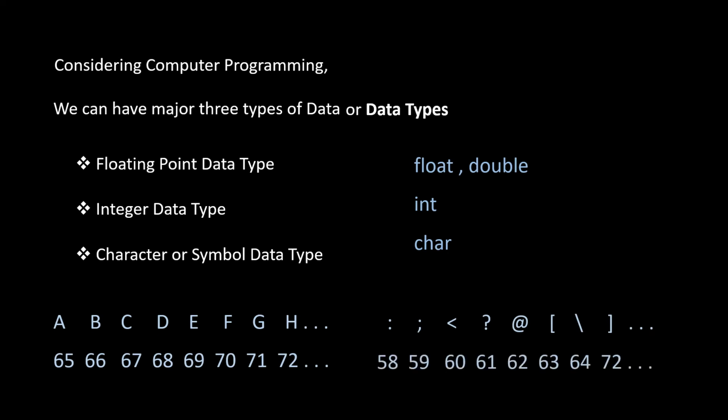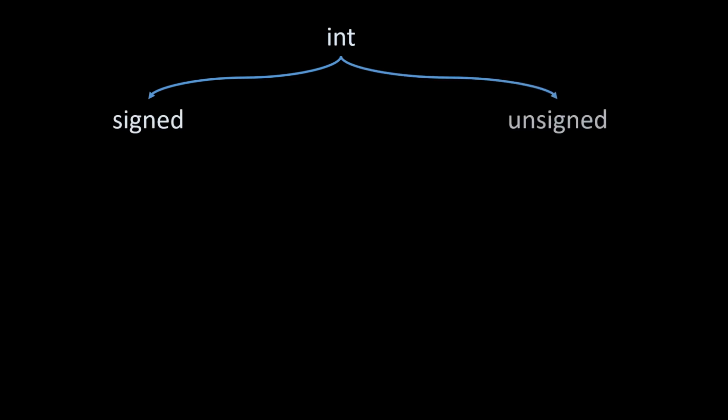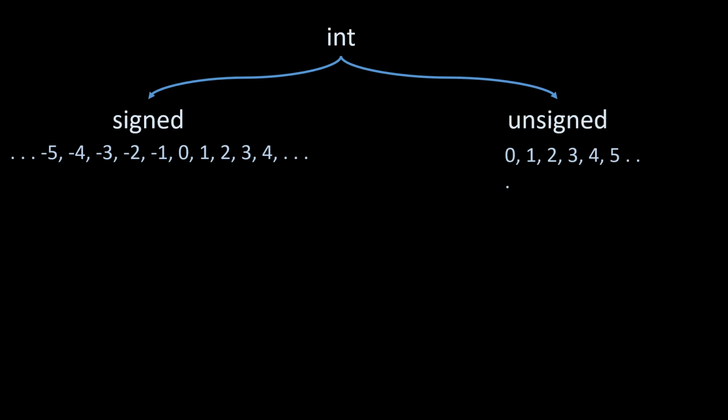Now let's first consider the integer data type. Integer data type is classified as signed integers and unsigned integers. Signed integers can contain both negative values and non-negative values. On the other hand, unsigned integers can only contain non-negative integers. Now they are further classified as long and short.